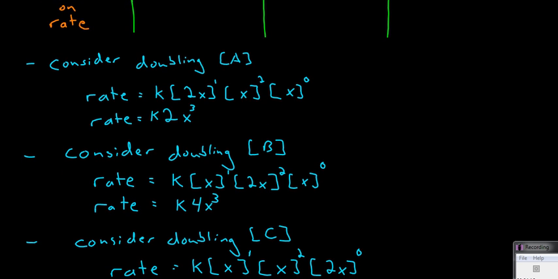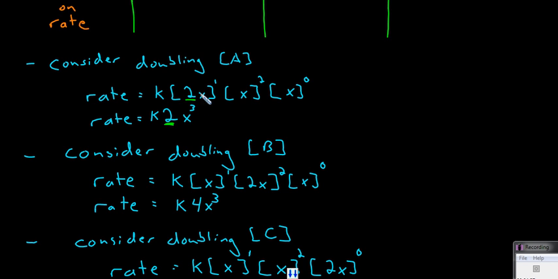Well, first, consider doubling the concentration of A. So instead of regular old X here, we have 2X. What happens to the rate? Well, simplify this equation, and you'll get 2 to the first power will be involved now, and so you'll have rate is equal to K times 2X cubed.